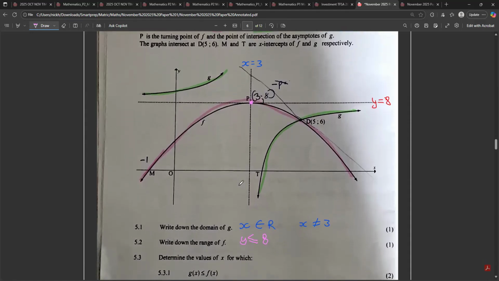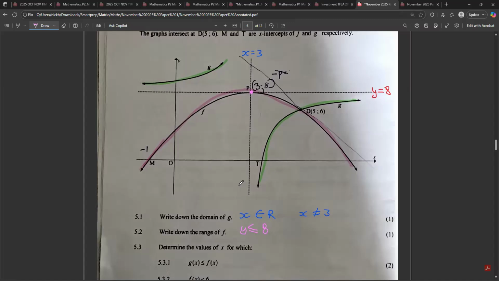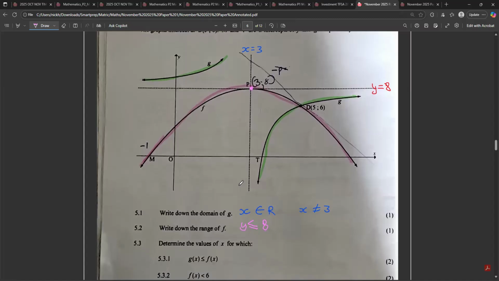Question 5.3 says determine the values of x for which g of x is less than or equal to f of x. So where is the pink larger than the green? Where is the pink above the green?